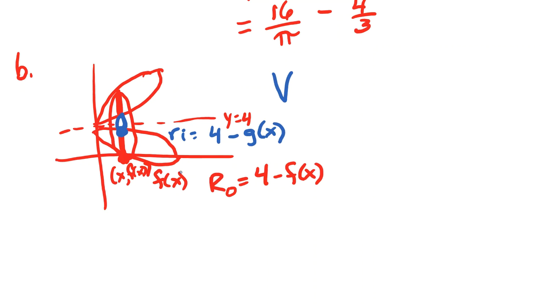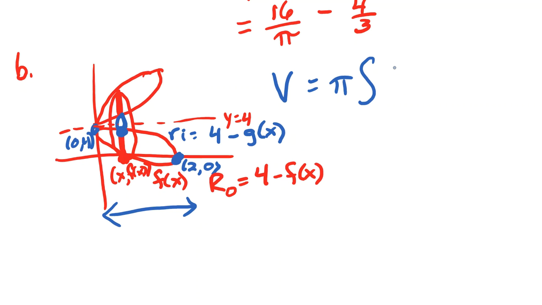So our volume, remember that this point was at 2, this point was at 0, 4. So all we need to do is add up these washers as we move across from 0 to 2. Sorry for the diagram that's not very pretty there. So we've got our pi r outer squared minus pi r inner squared, large circle minus small circle for our washers.